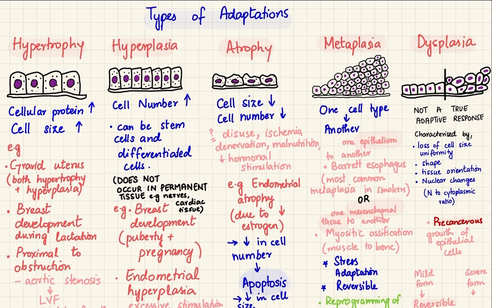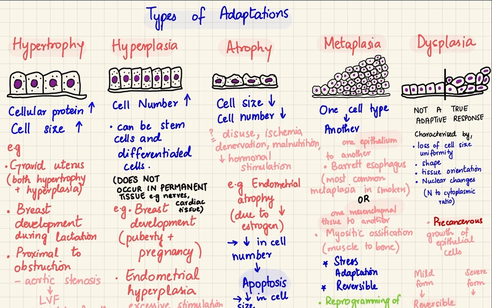Okay. Now, firstly, hypertrophy. Hypertrophy is often accompanied by an increase in cellular protein production. Okay, cellular protein is going to be increased, which eventually is going to increase the cell size.